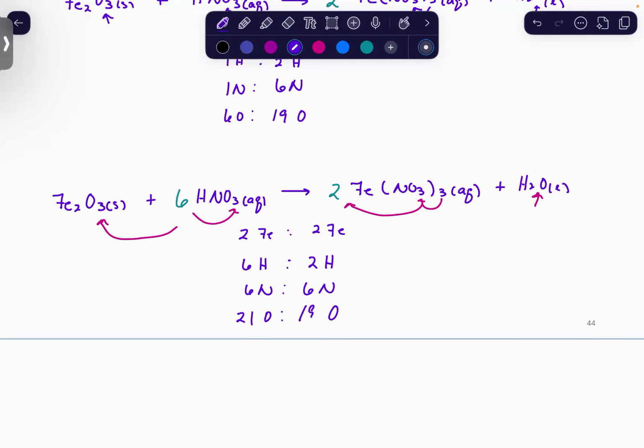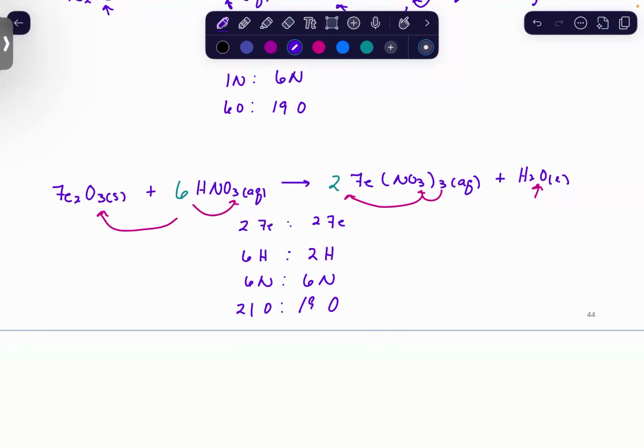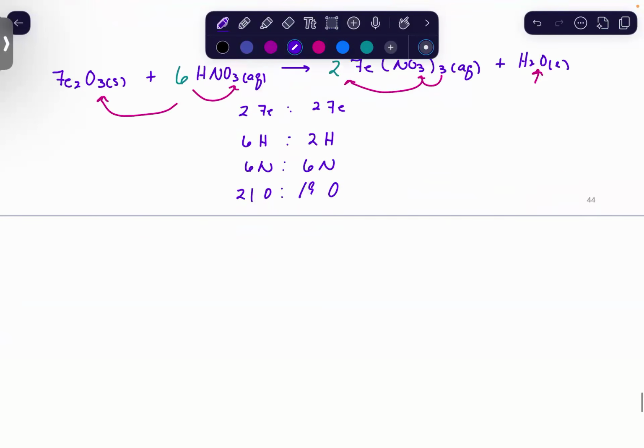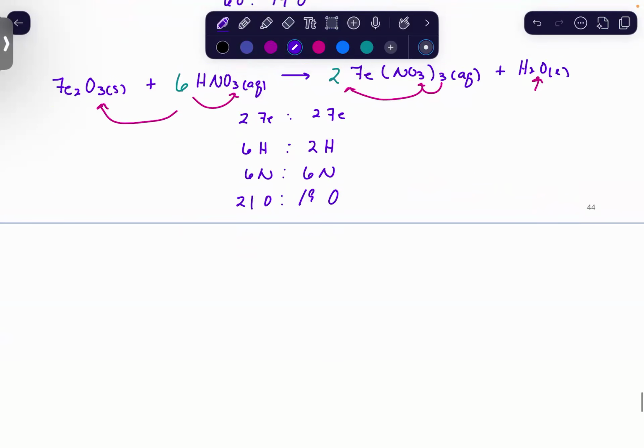Well, what's the next thing I want to do? Let's just balance the hydrogens. I have 6 on the left, 2 on the right. So if I take a stoichiometric coefficient and put it in front of water, and again, you see I'm trying to leave alone my coefficients. That won't always happen, but you don't just want to keep changing the same coefficients over and over again.